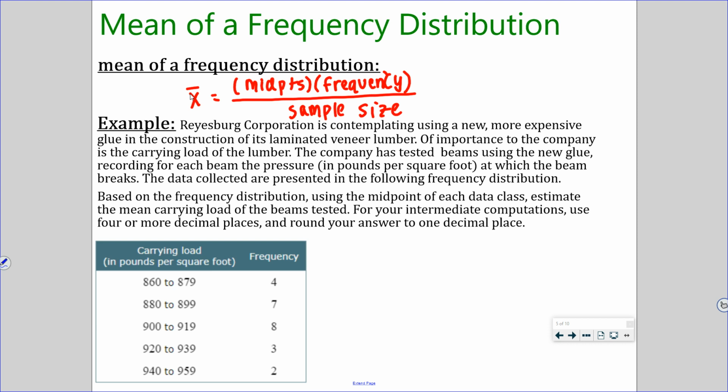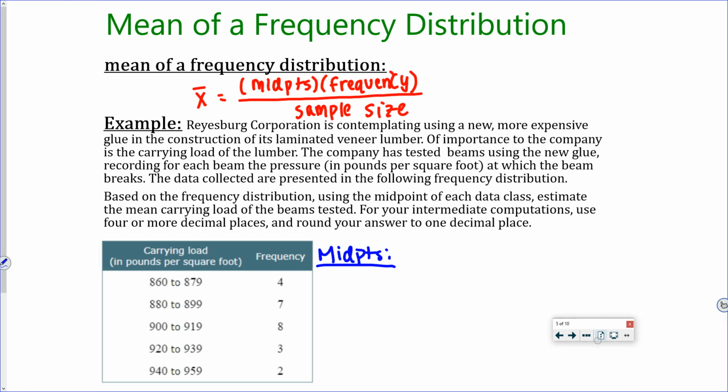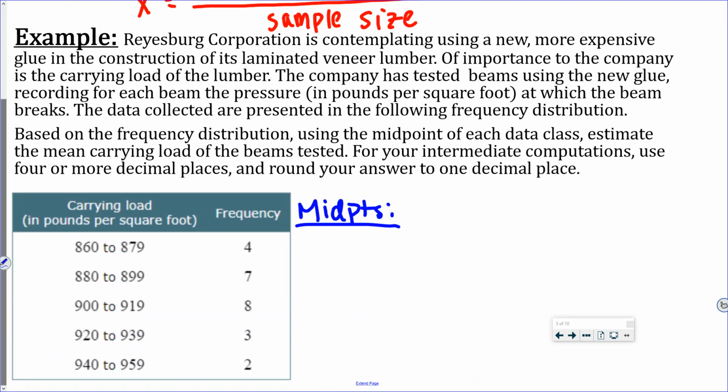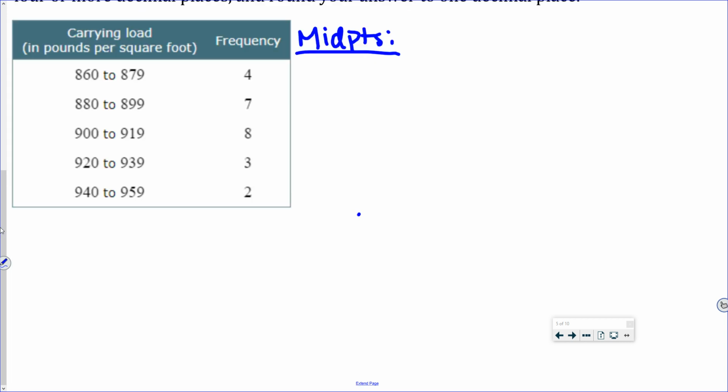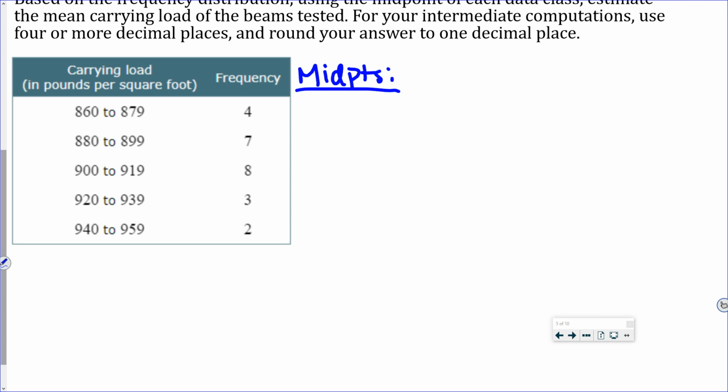Okay. So I'm just going to, off to the right here, calculate the midpoints of each class. We know how to do this. Starting with this first class from 860 to 879, to find the midpoint of that class, I would just find the average of these two.